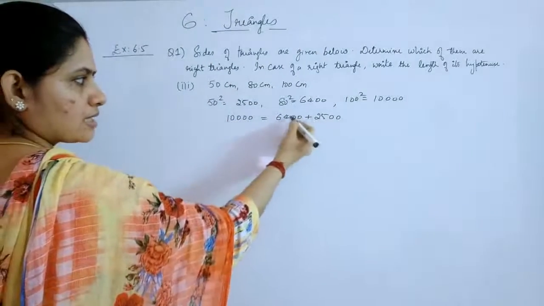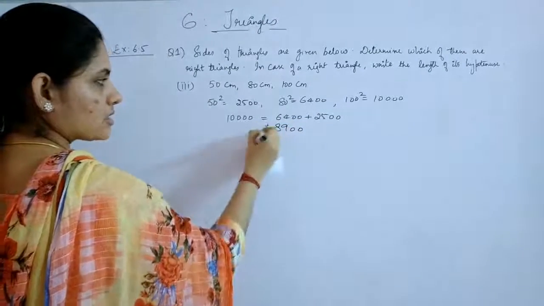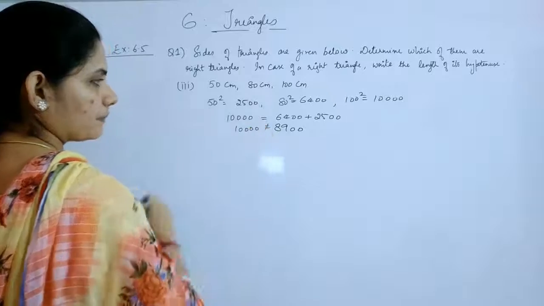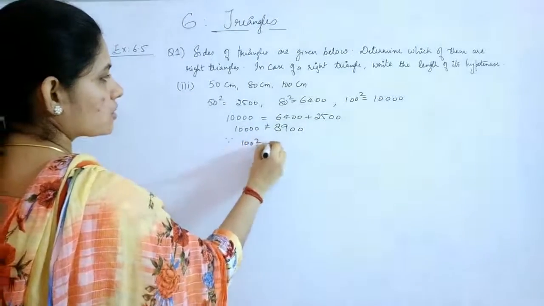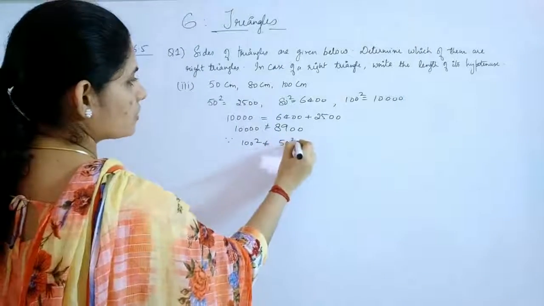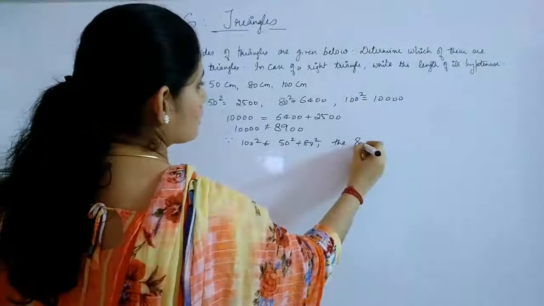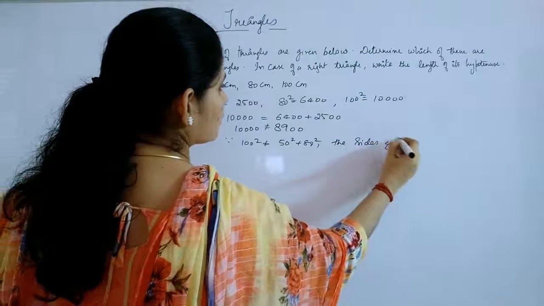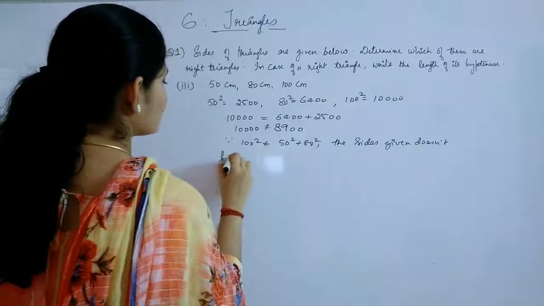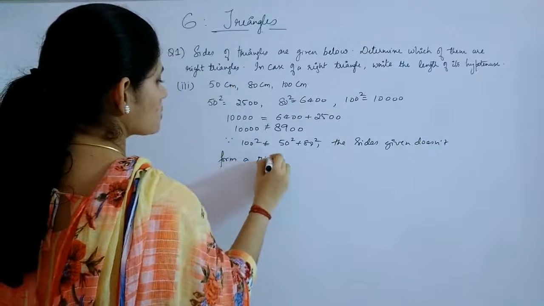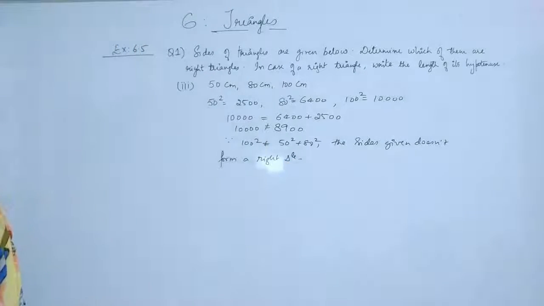No, you are getting 8,900. That means it is not equal to this one. So you can say that since 100 square is not equal to 50 square plus 80 square, the sides given do not form a right triangle, that is by your Pythagoras theorem.